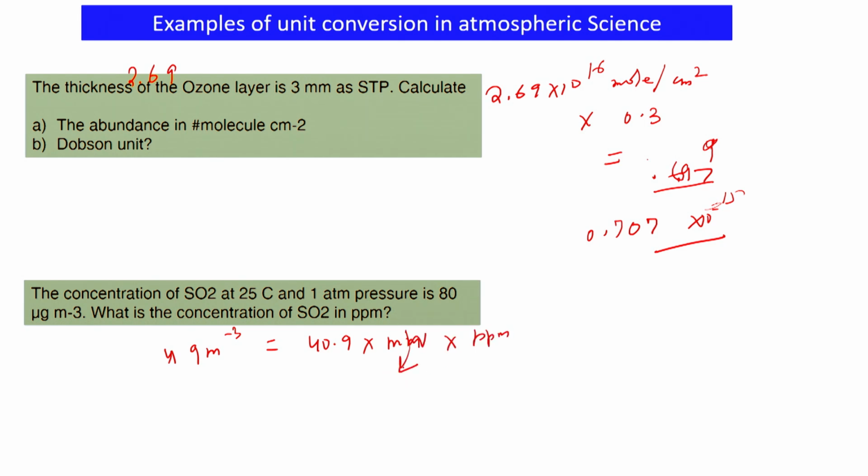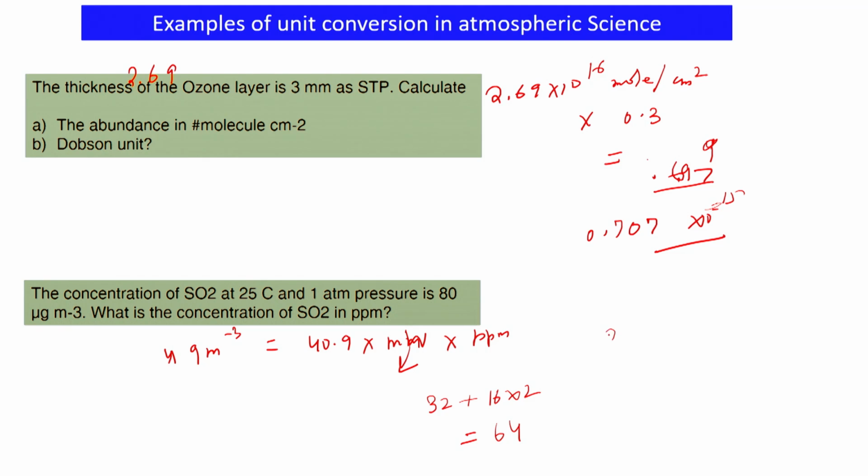Now, you know the molecular weight of SO2: sulfur is 32 plus 16 into 2, so 32 plus 32 will be 64. Now you put the values in the equation to calculate in ppm.